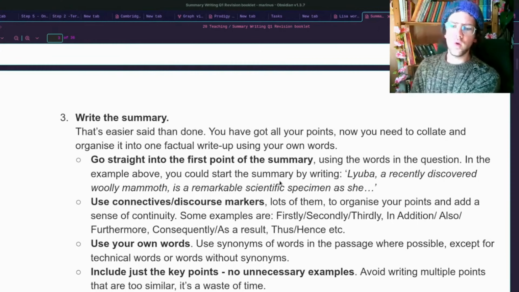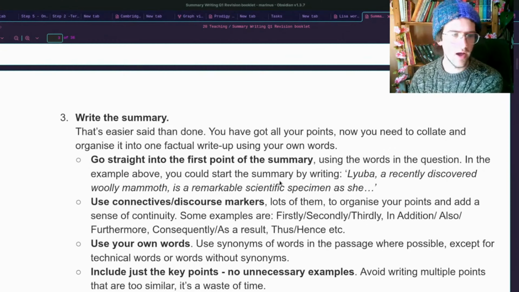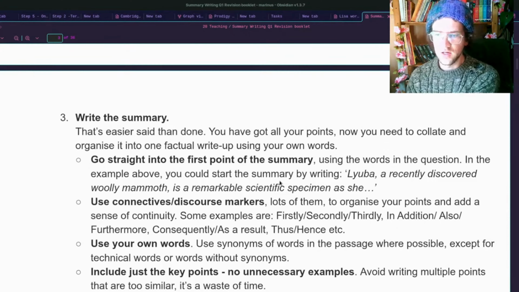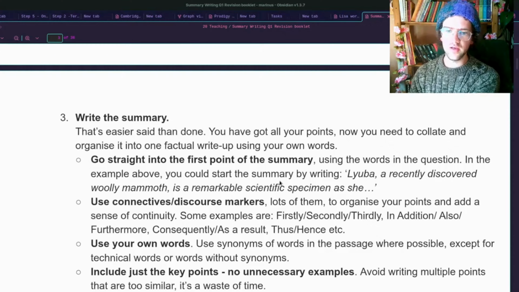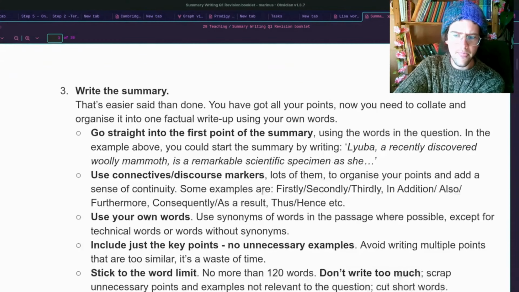Now, very important, don't use unnecessary examples. You just make sure that each point you write is the best sentence for that point. Don't write a point in 2 or 3 different ways. Does that make sense?